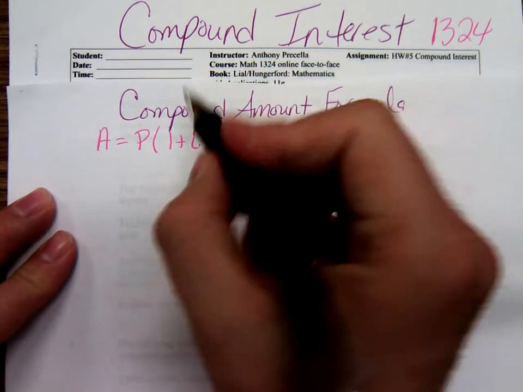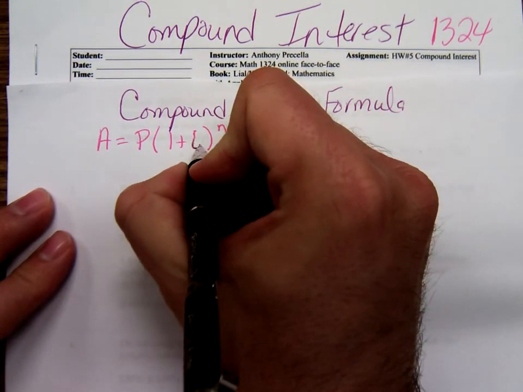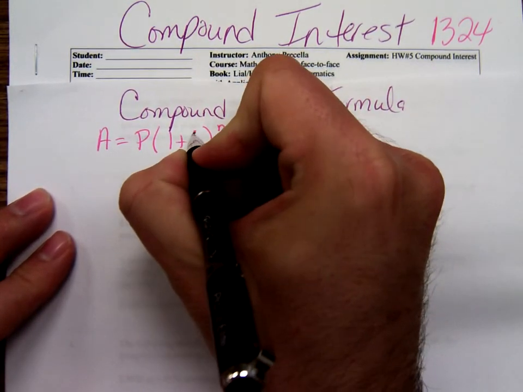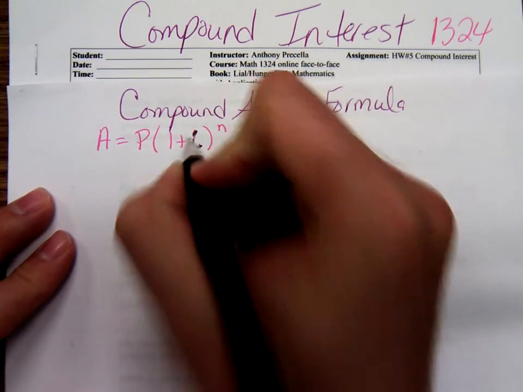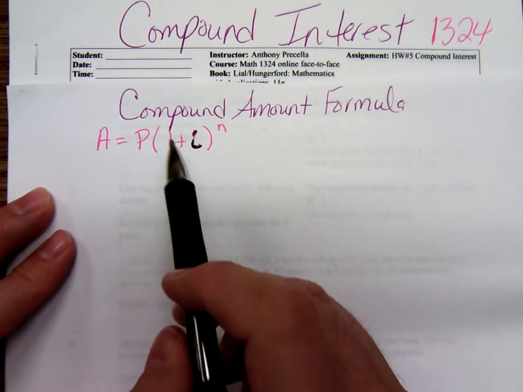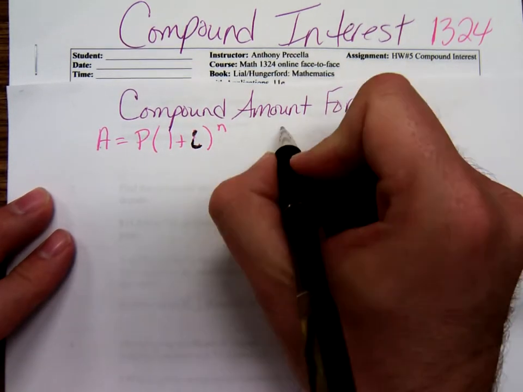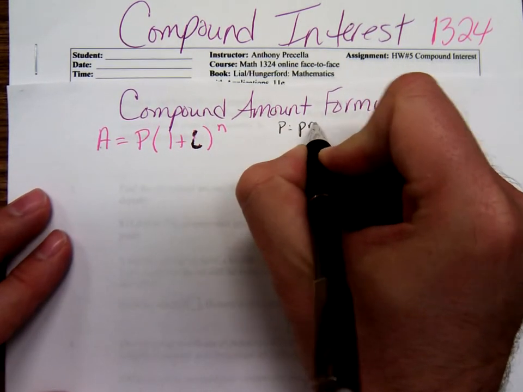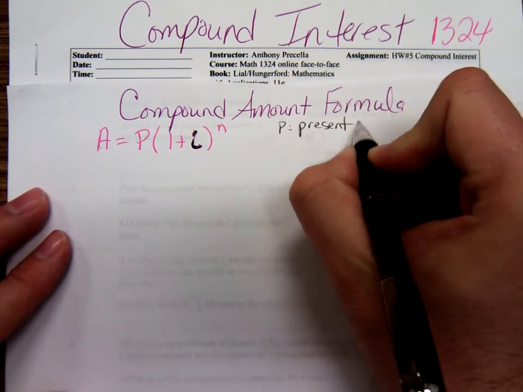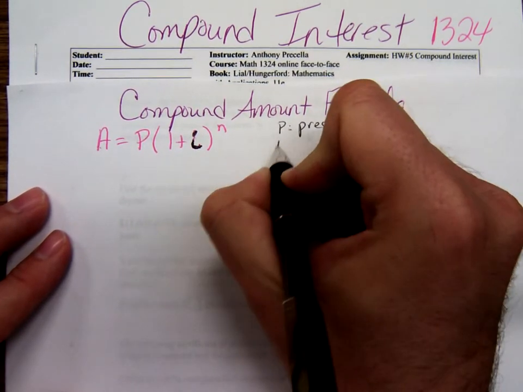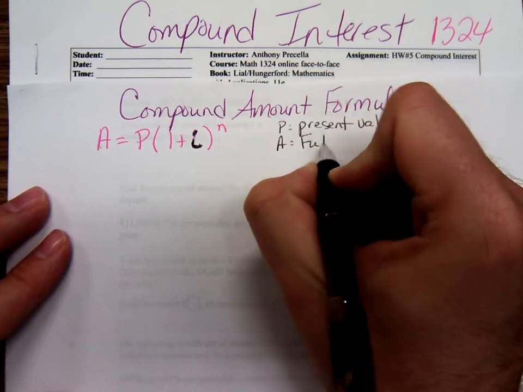It's a lowercase i right here. Now on this, the P and the A are the same as with simple interest. The P is the present value. The A is the future value.